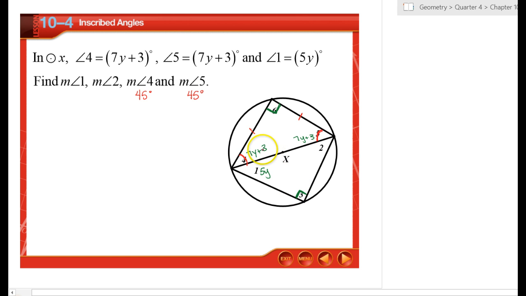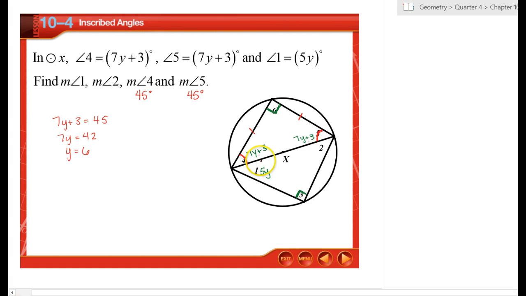But now I can figure out what y is if I go this route by saying 7y plus 3 equals 45. So 7y is equal to 42, y is 6. You would have been totally fine to say, like I said, 90 plus 7y plus 3 plus 7y plus 3 equals 180. You'll still get y to be 6. And then you can go and plug in and find that 4 and 5 are both 45. If y is 6, now I've got to figure out measurement of angle 1.